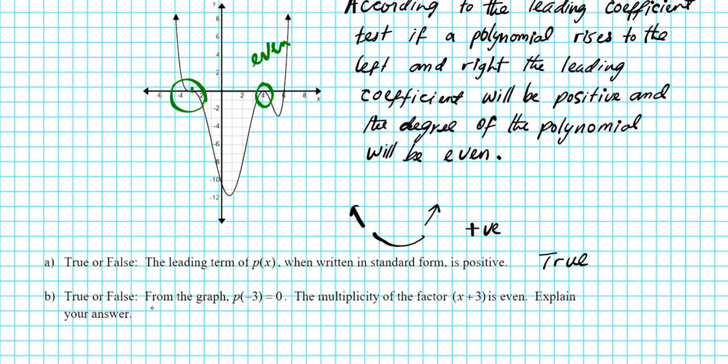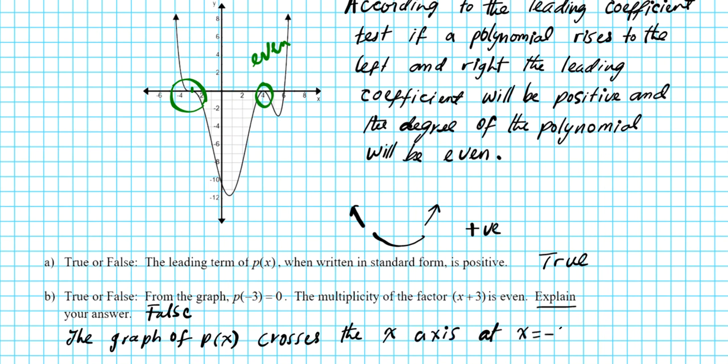Alright, so let's answer the question first. The answer is false. We're asked to explain why. Well, the graph of p of x crosses, okay? It crosses the x-axis at x equals negative 3.